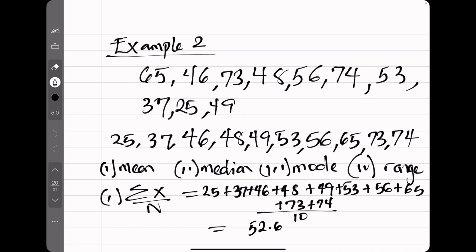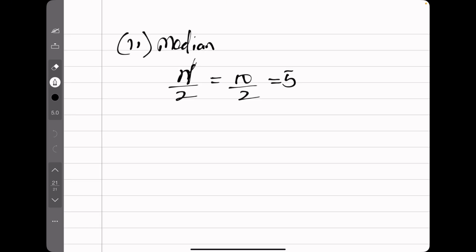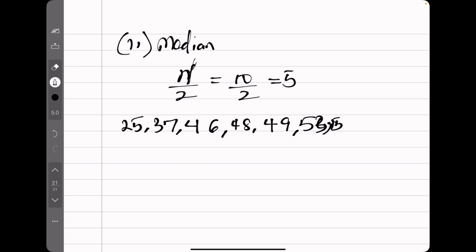Going back to the previous page, writing out our data starting from the smallest, we have 25, followed by 37, followed by 46, followed by 48, followed by 49, followed by 53, followed by 56, followed by 65, followed by 73, before we have 74.